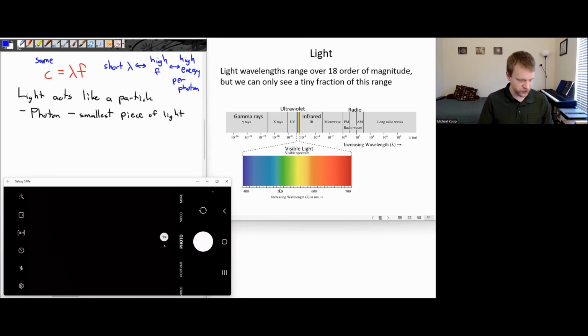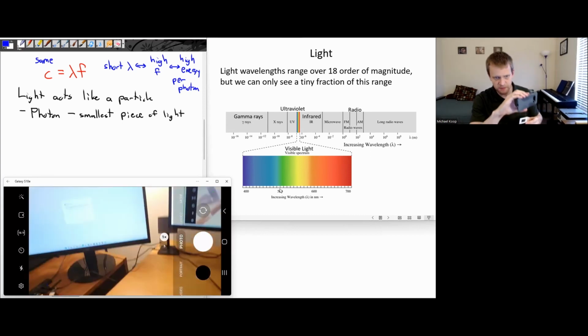So let's talk about that just a little bit. I've got a material here that's called a diffraction grating. This works very much like a prism in that it's able to break up that light into its individual colors.